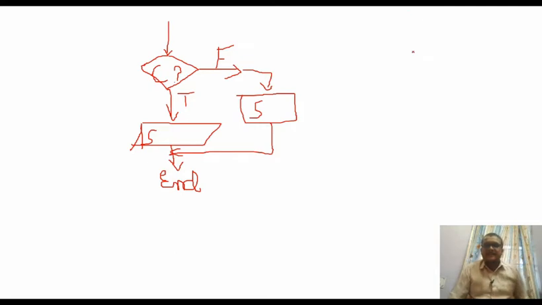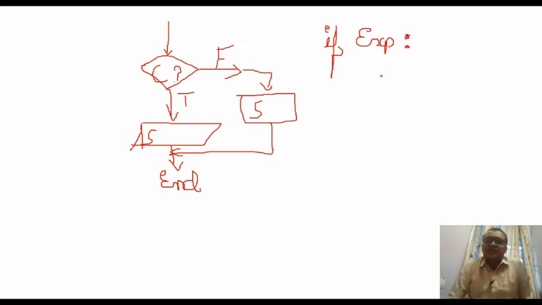So let me say the syntax of if. So if, you are going to give some expression here. After writing the expression, you need to type a colon. Technically it is called a colon.